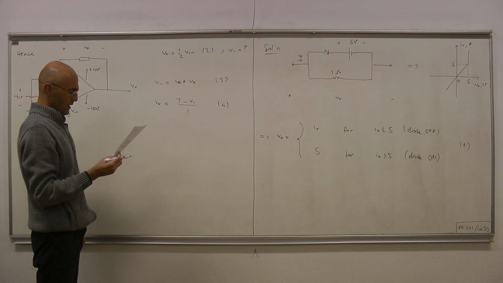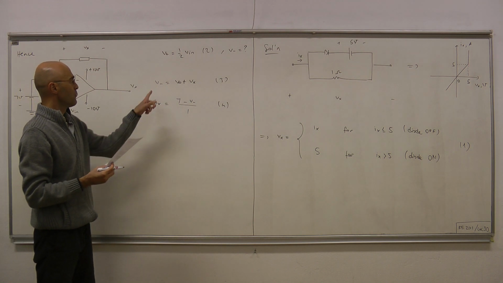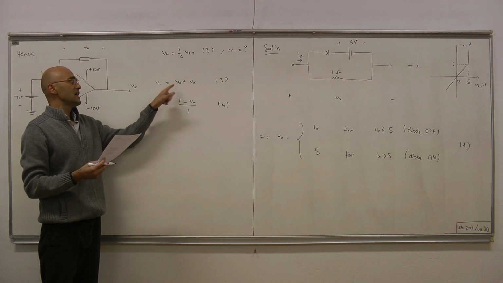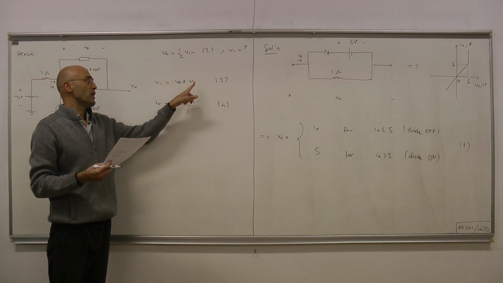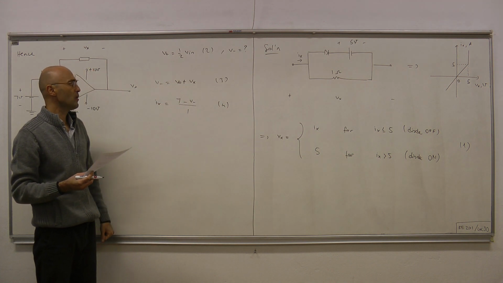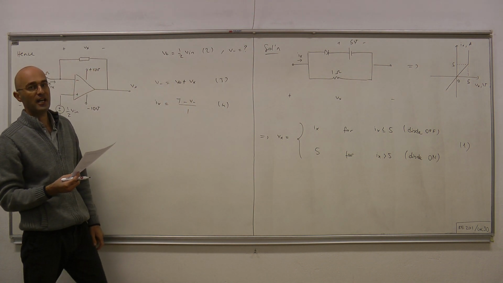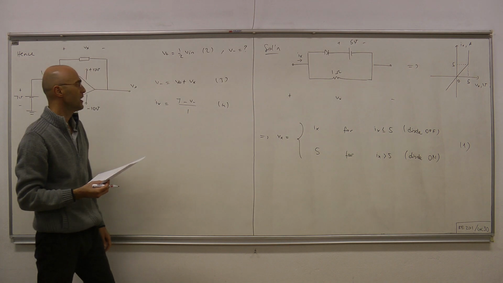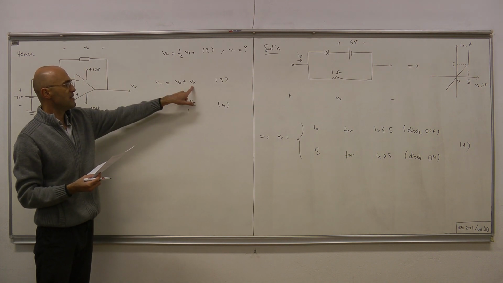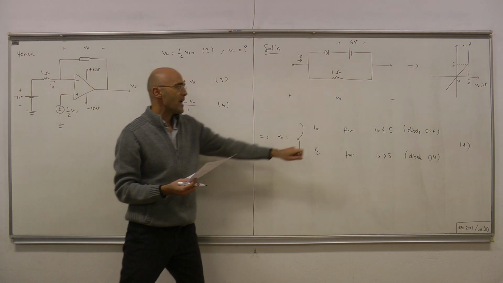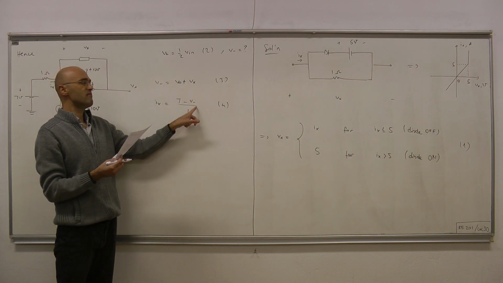Now what we have is V minus not only in terms of V out, we also have Vx. So we have to somehow remove that Vx dependence and obtain an expression entirely in terms of V out. And Vx depends on Ix, and that Ix depends back on V minus.